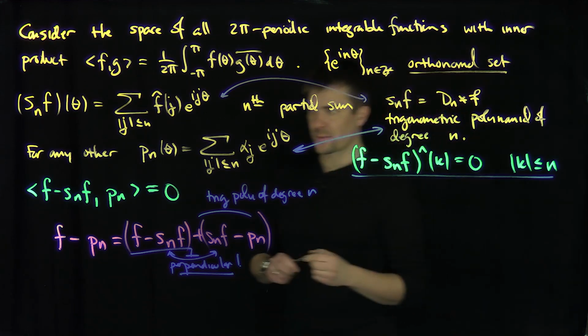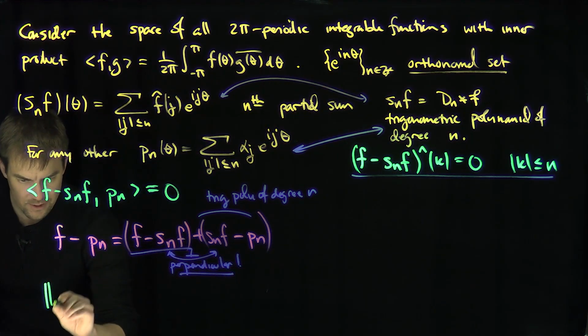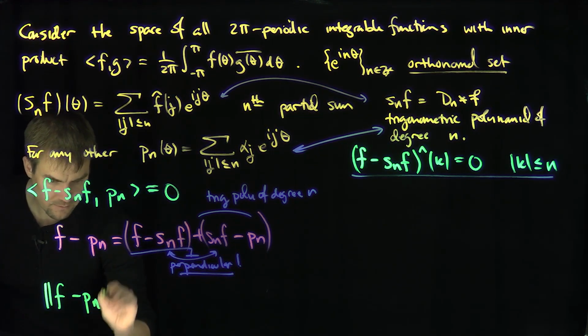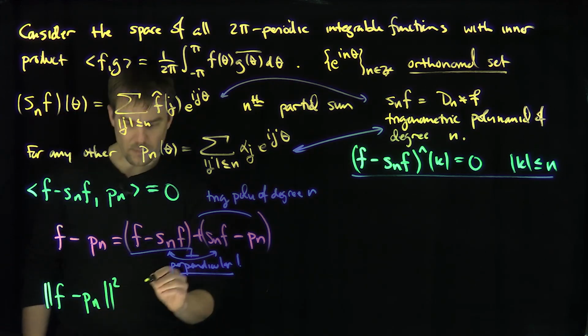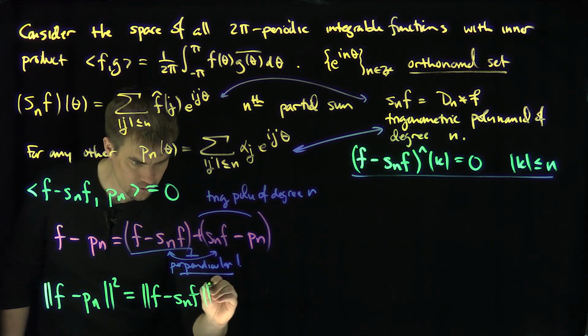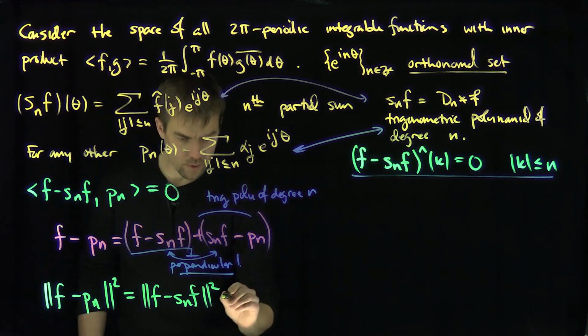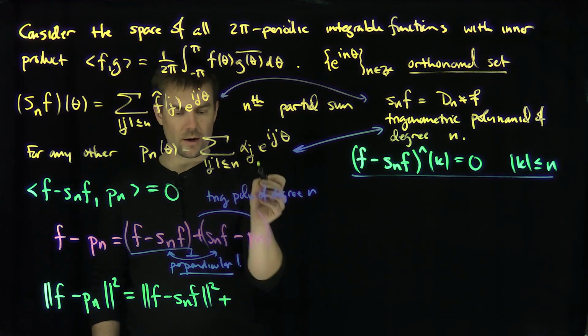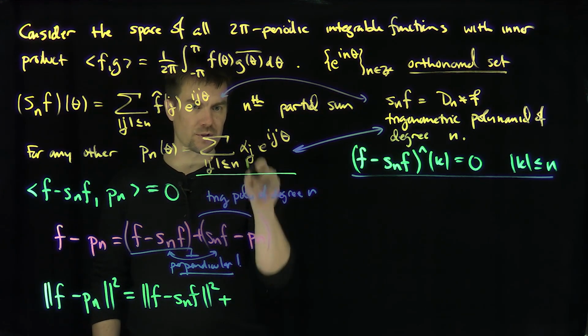And so what that allows me to do is say the following. By using the Pythagorean theorem, the norm of f minus P n squared is the norm of f minus S n f squared plus this thing squared over here. Now, of course, the norm squared of a trigonometric polynomial is the sum of the squares, right?